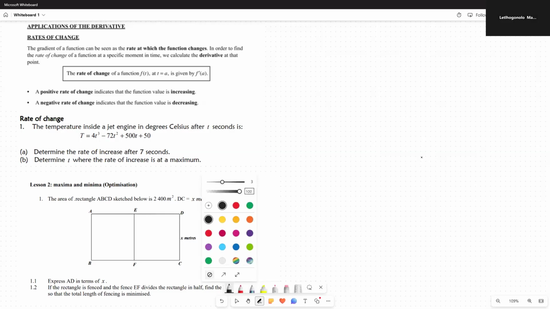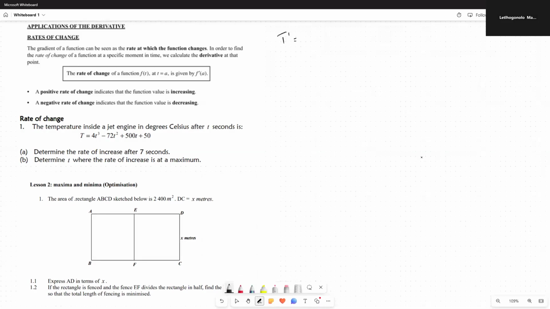The first one says the temperature inside a jet engine in degrees Celsius after t seconds is given. A says determine the rate of increase after 7 seconds. So the rate would then be the derivative of the function. That's going to give us 12t squared minus 144t plus 500. We forgot a t here.